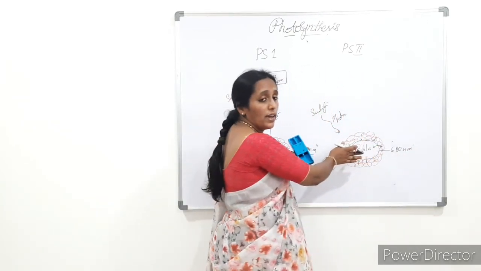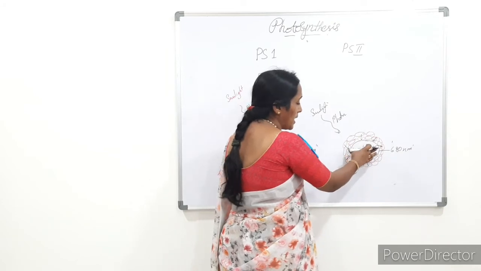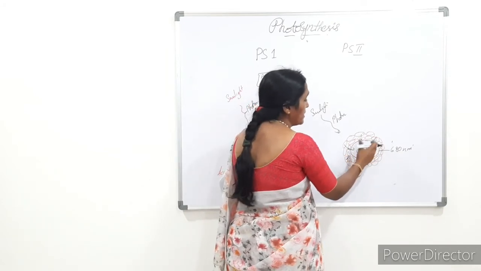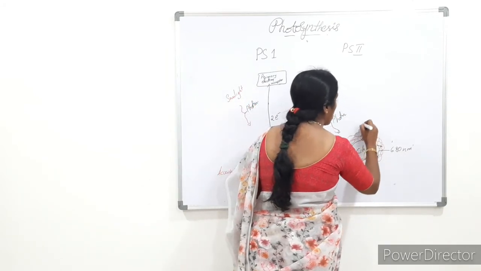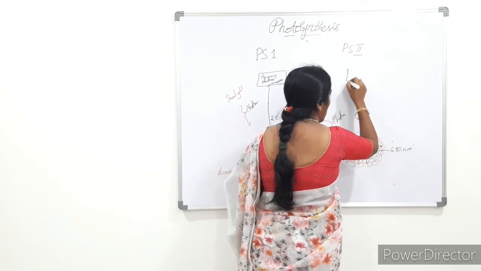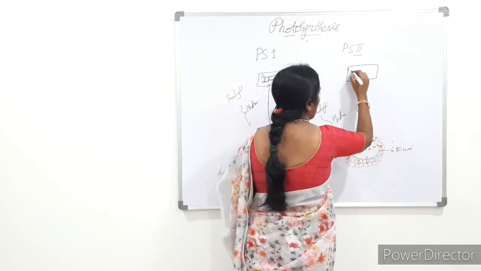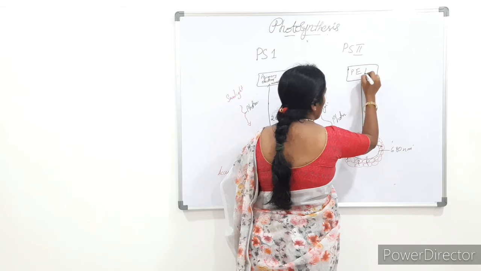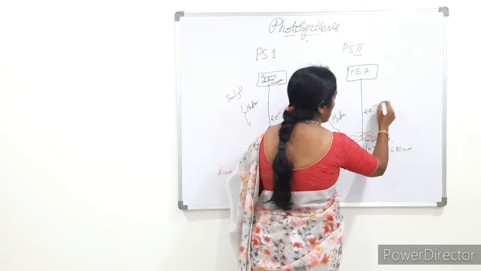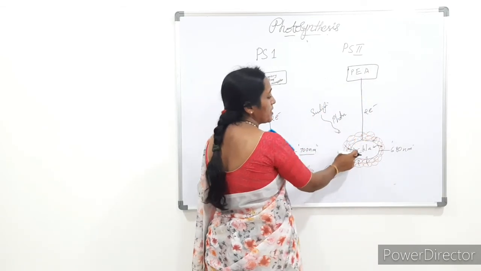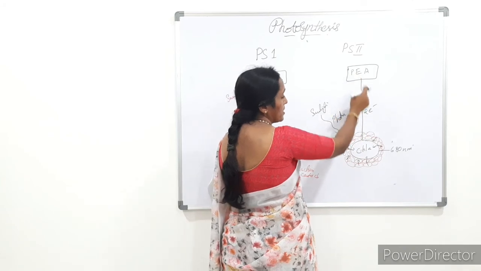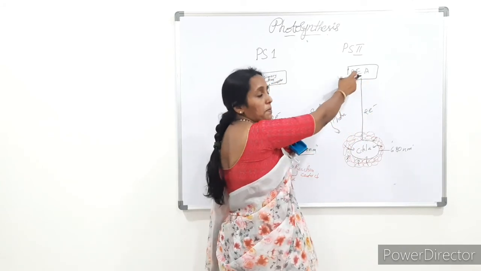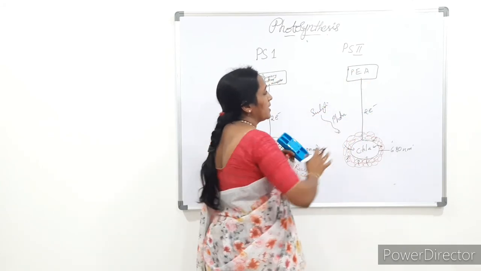When the chlorophyll A receives the complete energy, it gets excited. Then here also a pair of electrons gets excited from the chlorophyll A, and these electrons are received by the primary electron acceptor.